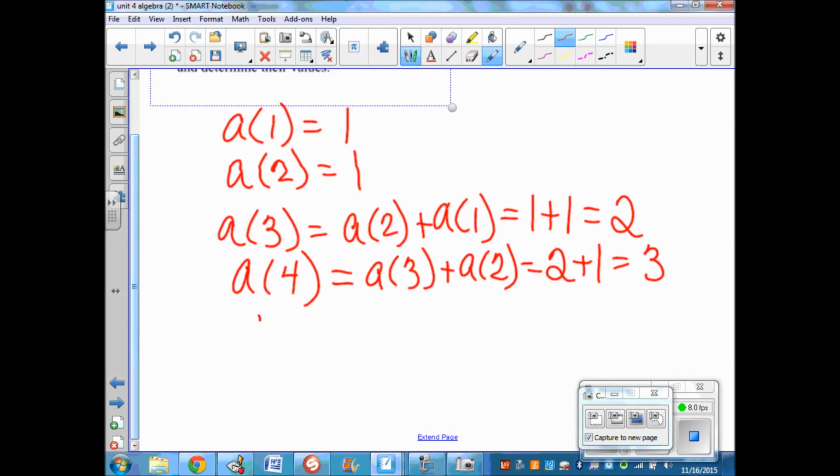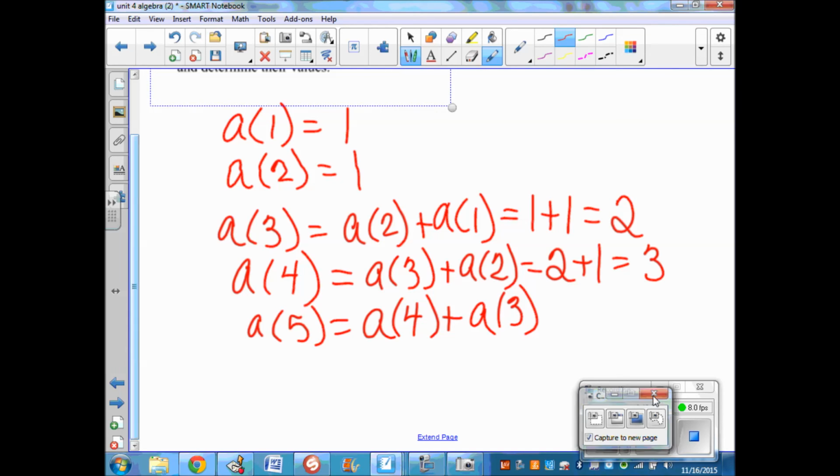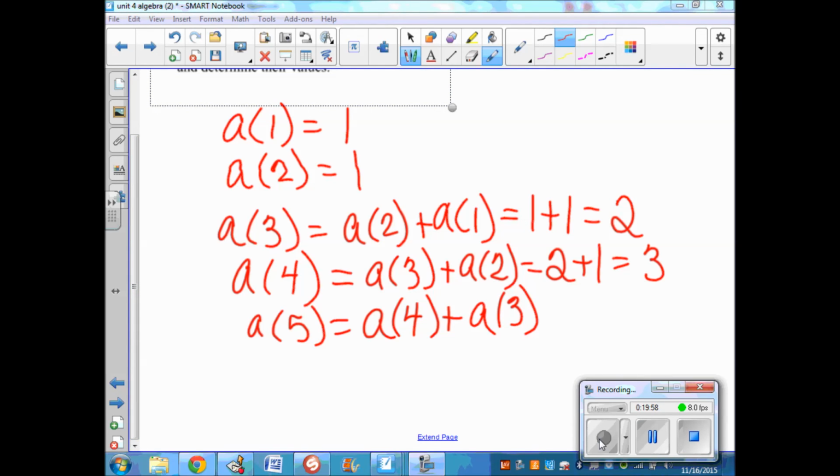So how do I get to a sub 5? Take the 2 previous terms, which is a sub 4 plus a sub 3. And I end up with, a sub 4 is 3 plus a sub 3 is 2.